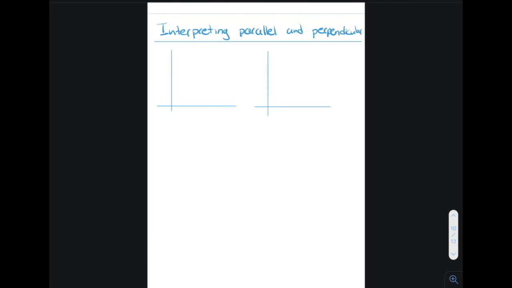We'll have one more section of new material, being interpreting parallel and perpendicular lines. And again, I'm apologizing for that red-purple colors. I'll use some different things next. So let's say we have two lines that are parallel.